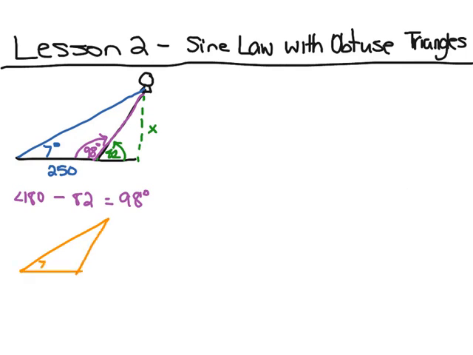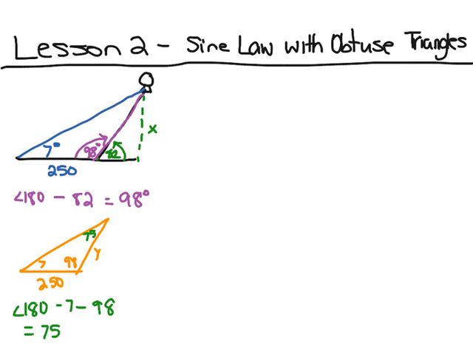This is 7, this is 98, and this is 250. We want to find this side because it's the first side that corresponds with the other triangle. So we're going to find our remaining angle. We take 180 minus 7 minus 98, and you get 75. So this angle is 75.